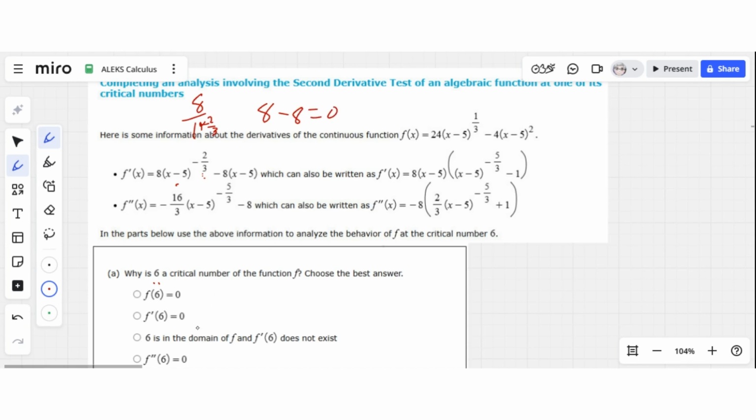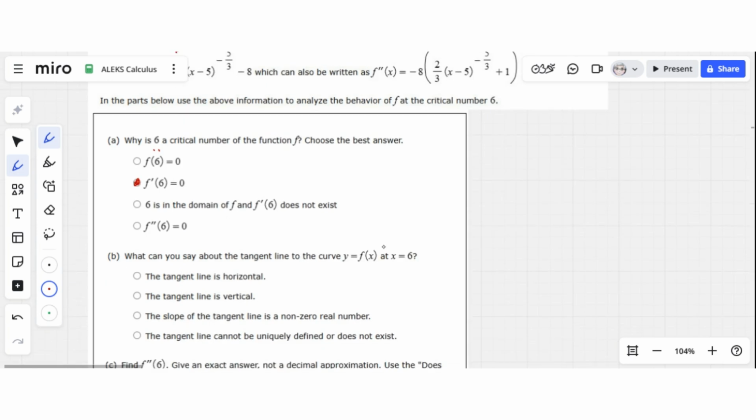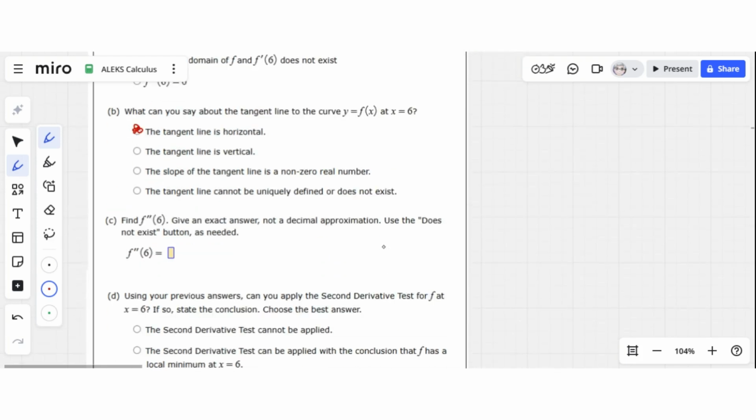It's 0. So our first derivative at 6 is 0. Next, it says, what can you say about the tangent line? Well, if the first derivative is 0, then the tangent has a slope of 0, and that means the line is horizontal.